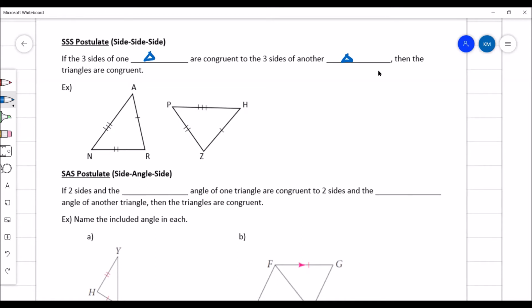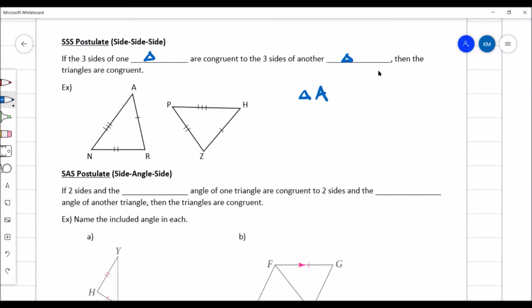Also important to remember that we have to write our congruent statement in a way that our corresponding angles and sides match up. Okay, so as I make a congruent statement here, I'm going to make sure that I follow the same pattern in markings so that I say which triangles are congruent to which. So for this first triangle, I'm going to go from 1 hash to 2 hashes. So ARN.